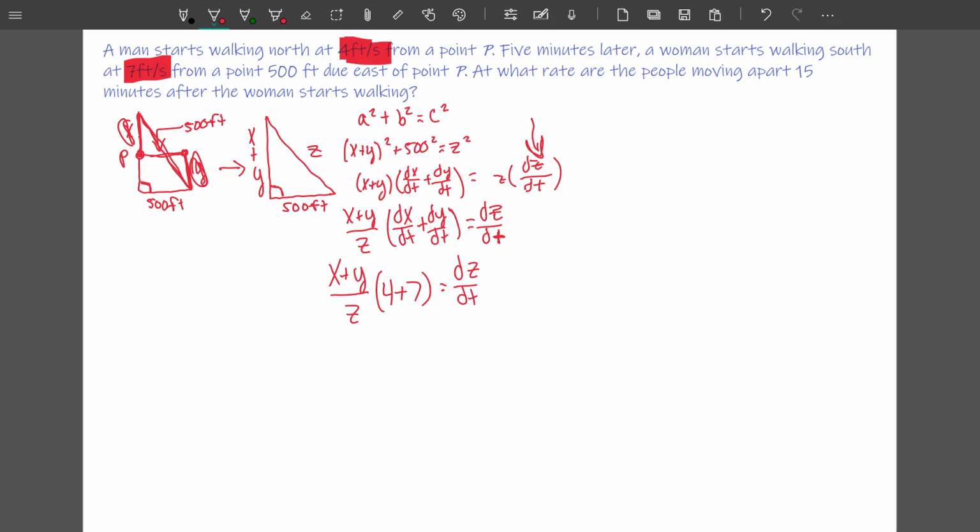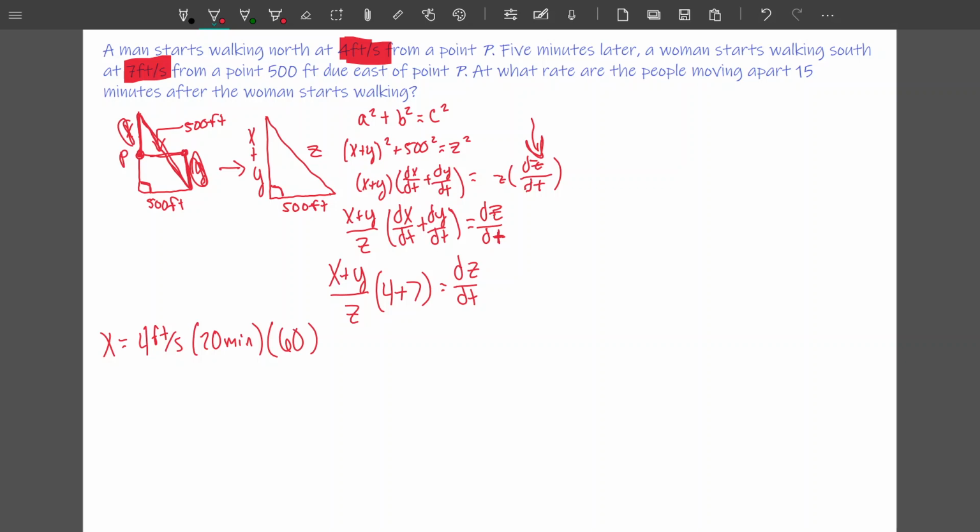And how we're going to do this is we're going to take our rates. So for example, to find our x, we want to take our rate, 4 feet per second, and we want to get rid of the second. So how we're going to do that is take the total amount of time the man walked, which is 20 minutes total, and we want to convert that to seconds, so the seconds cancel out, so we could just multiply by 60.